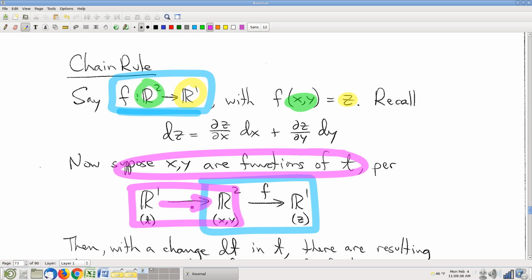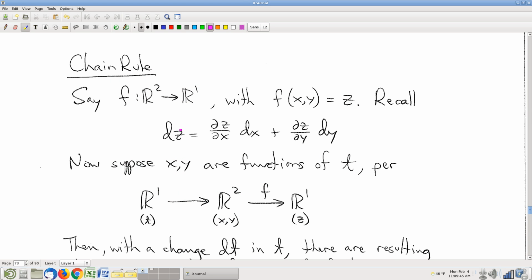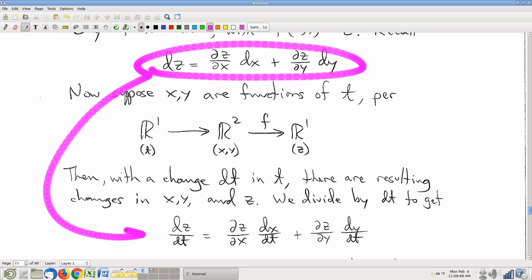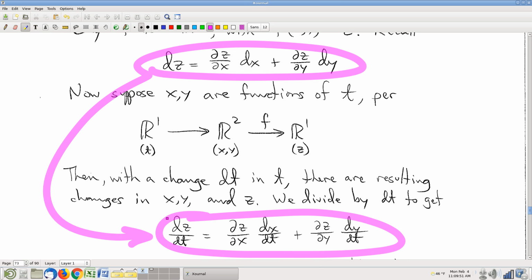Free country, I can pretend x and y are functions of t. And with that setup, I just take this equation here and divide by dt, and look what we get.